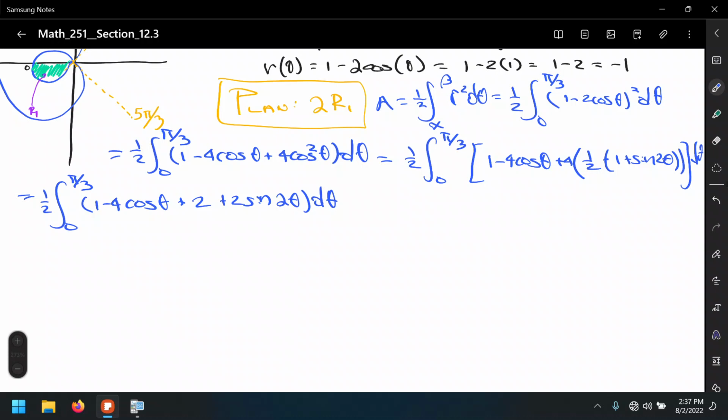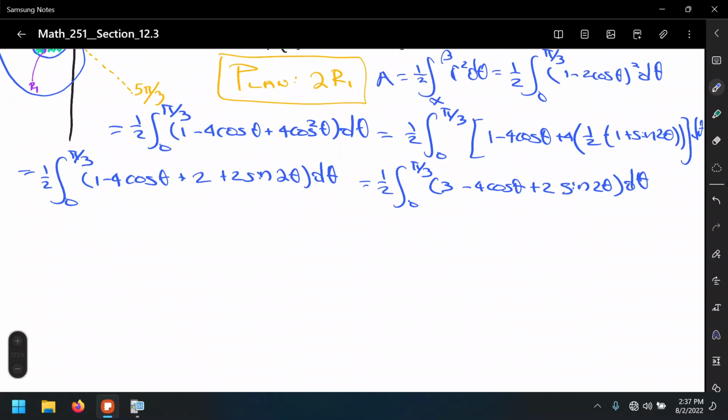So we have 1 plus 2, that's a 3, and minus 4 cosine theta plus 2 sine 2 theta d theta. Alright?